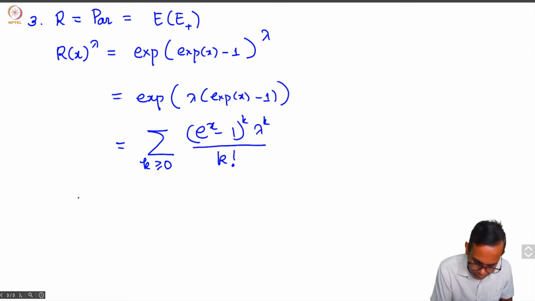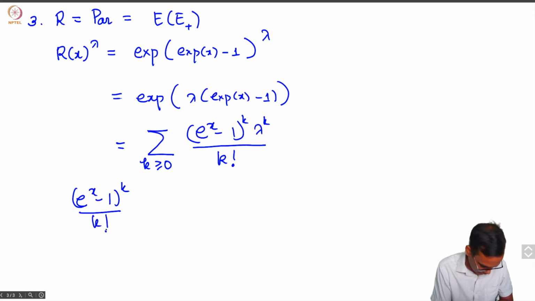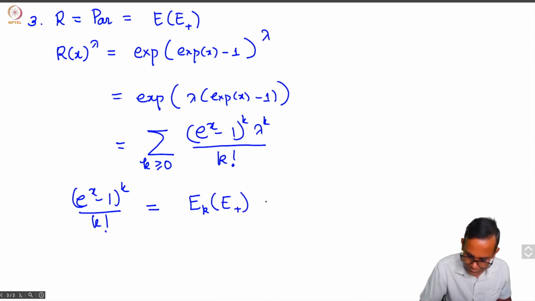Now observe that (e to the x minus 1) to the power k by k factorial is the generating series of E_k of E plus, which is the generating series of set partitions with exactly k blocks.